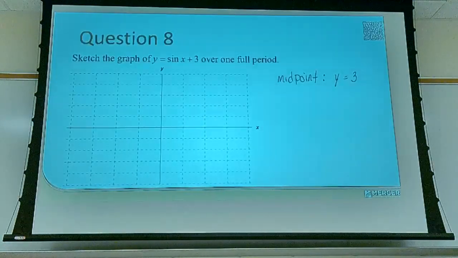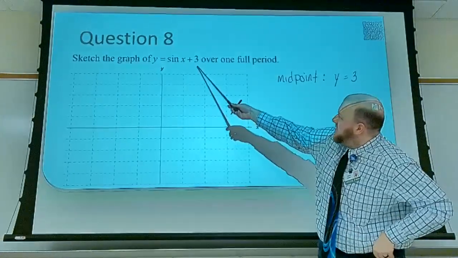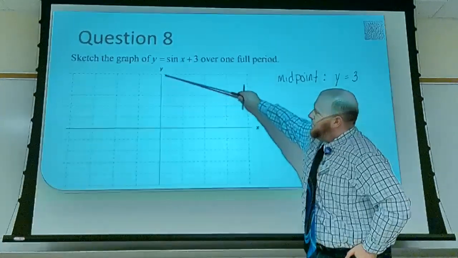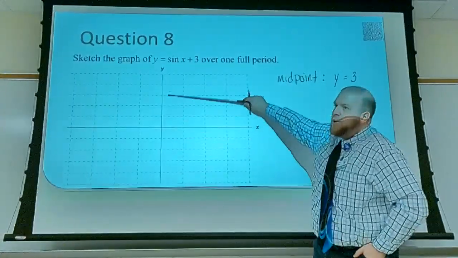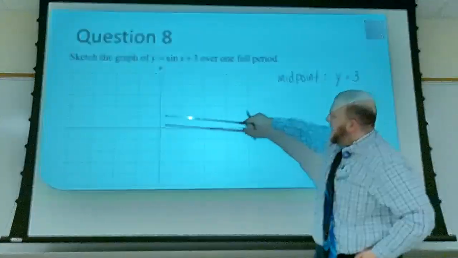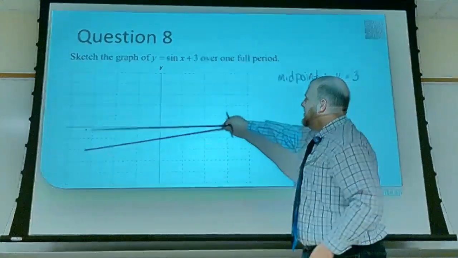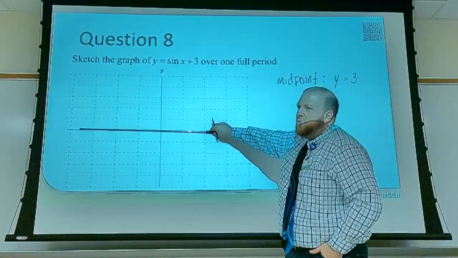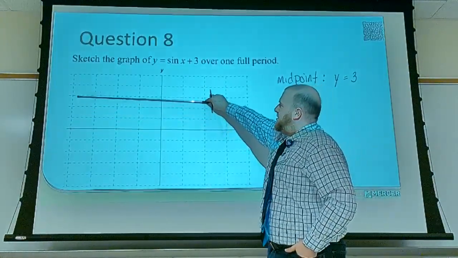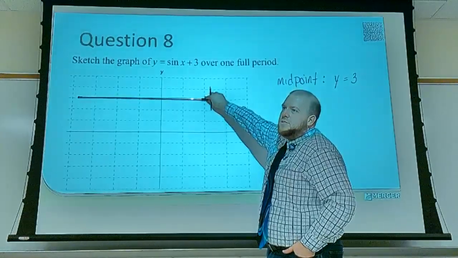The midpoint here is 3, right? Because what does this 3 represent? A translation in the vertical direction, right? So the midline originally is here, but the whole thing gets translated up 3 units. There's your new midline. Does that make sense?